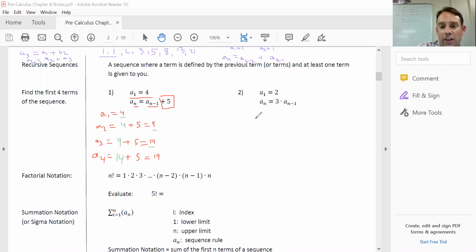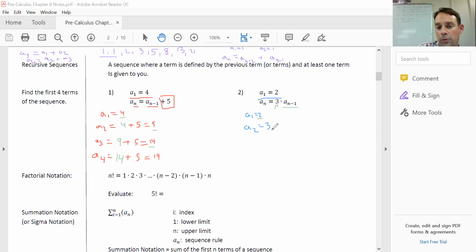All right, let's see how you did. Again, we start off with a value we know. So a sub 1 is 2. And the recursive rule says if I want a sub 2, I'm going to multiply 3 by the term before it. So 3 times the term before it.